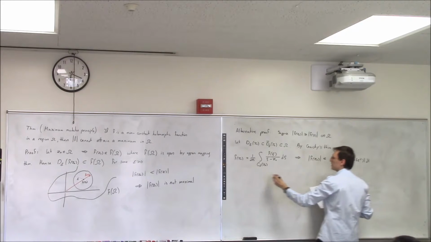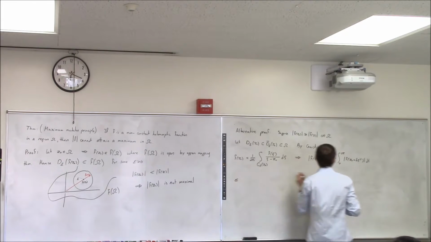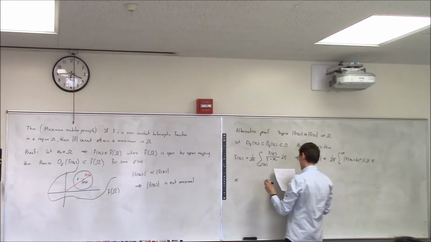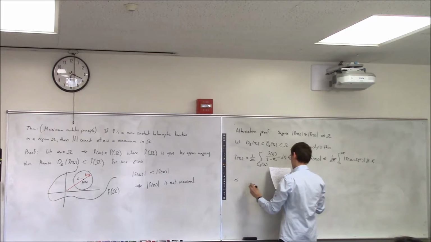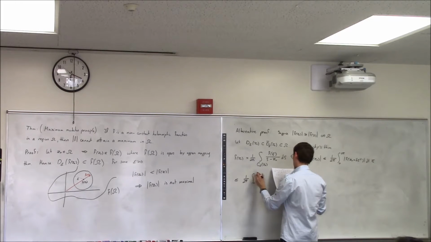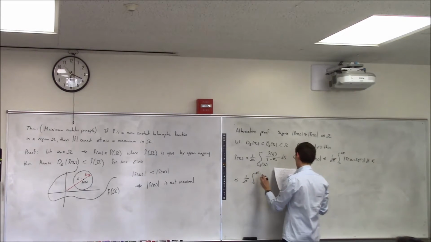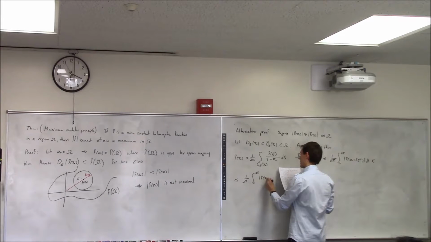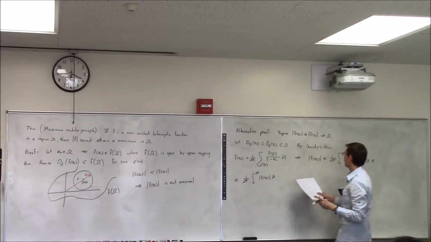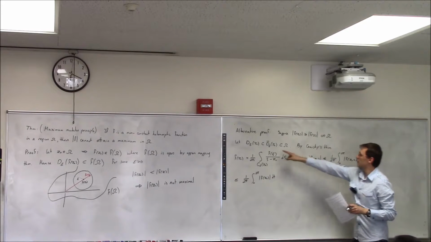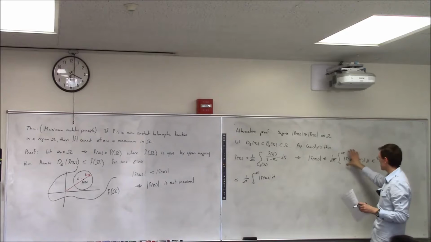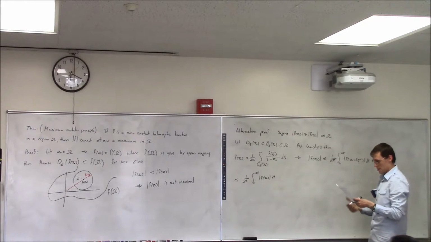So this is going to be less than or equal to 1 over 2 pi integral from 0 to 2 pi of the modulus of f of z0 dt, because by assumption this is smaller than this number, right? So if I replace it, this is just a real valued integral, it grows.